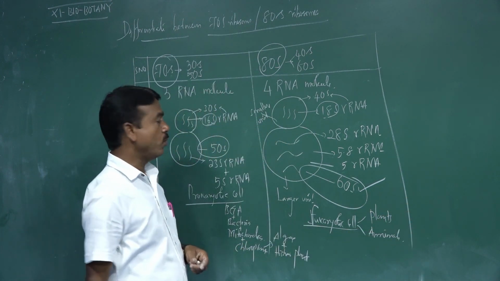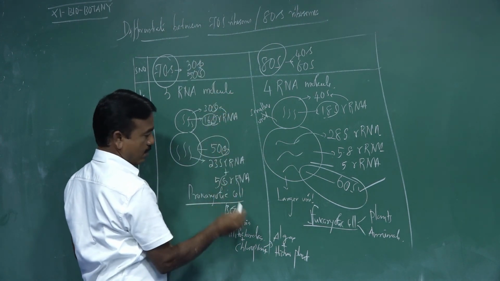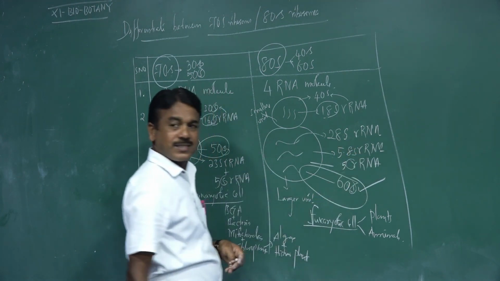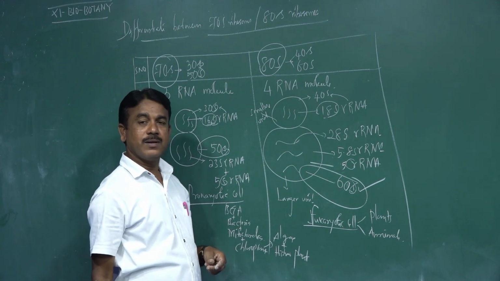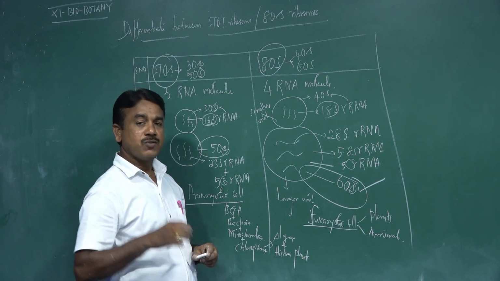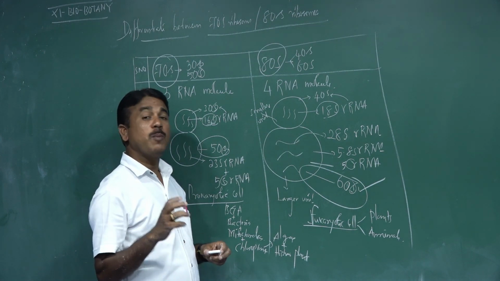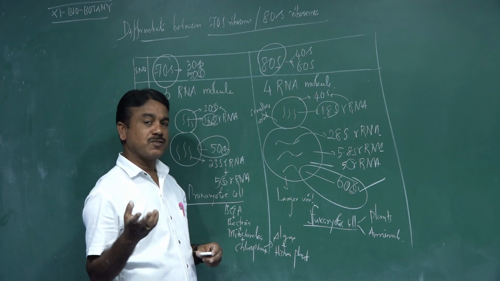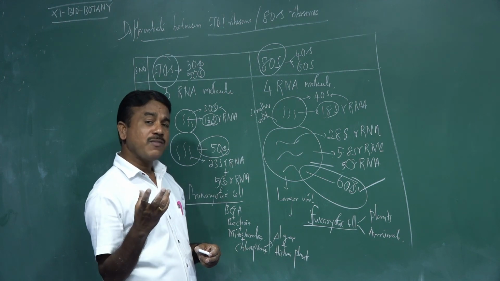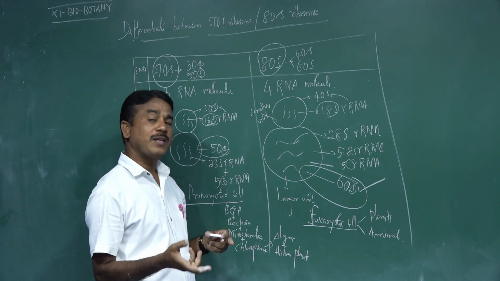What do you mean by S? Everyone may have this doubt. S stands for Svedberg, a Swedish scientist. Svedberg was the first person to measure ribosomal particles at different speeds using a centrifugal apparatus. Different speeds deposit different kinds of particles, which can be analyzed. Ribosomes are dense granules or particles.